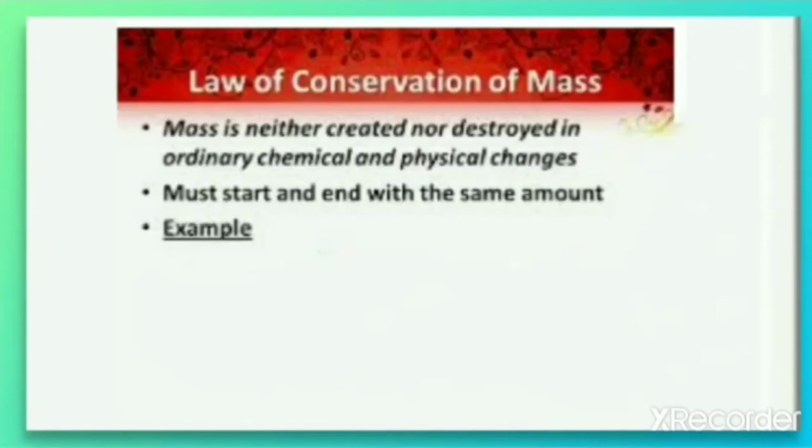That means you cannot create mass, and you cannot destroy mass. Whatever chemical or physical process is taking place, mass will not be created and can never be destroyed. Let us discuss this with an example.